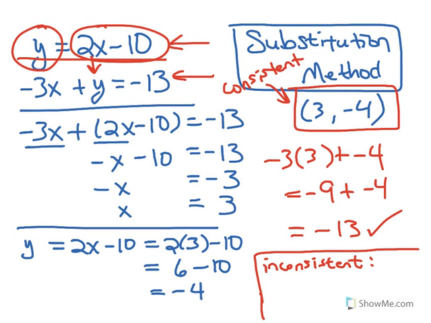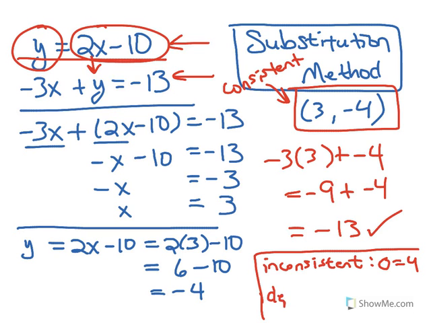When that happens and you try to use the substitution method, at some point you will get a statement that cannot ever be true. Something like 0 equals 4. There's no number in the world you could put into the equation that would make that true. When that happens, you should stop. And unless you've made an error somewhere, you've got two parallel lines and you're not going to find a solution.